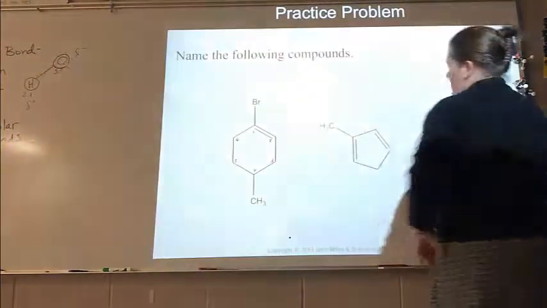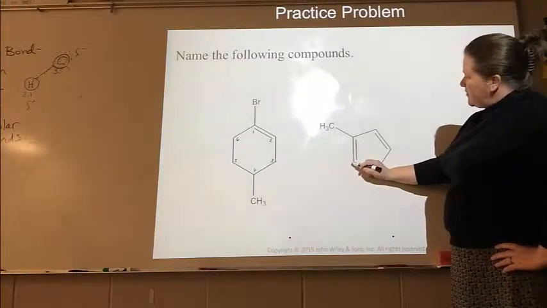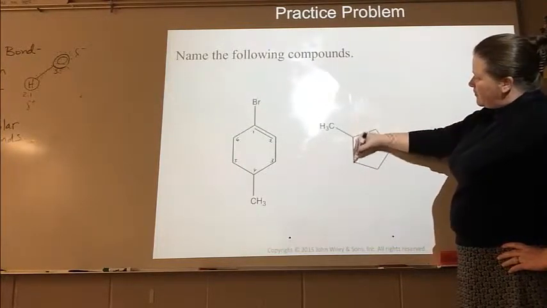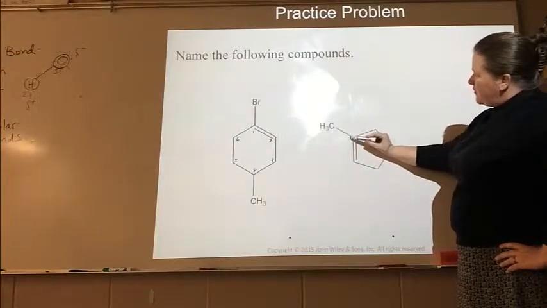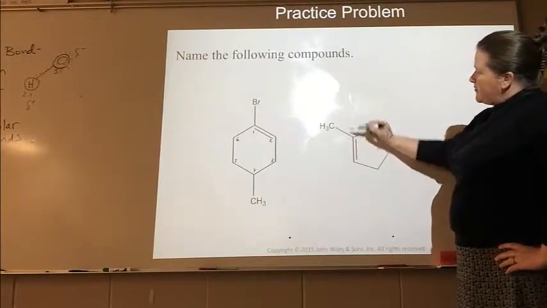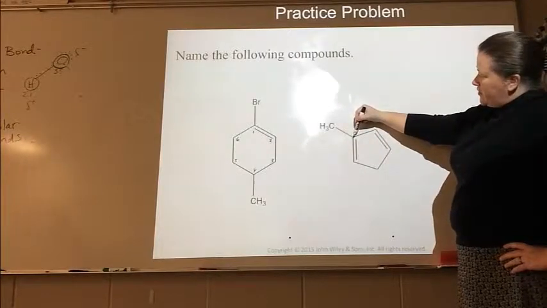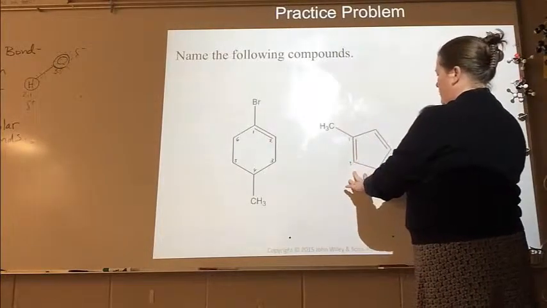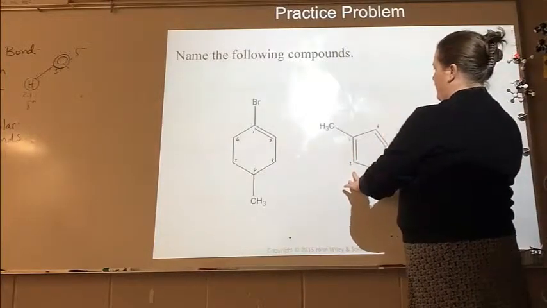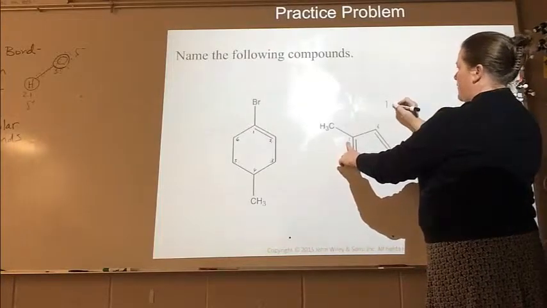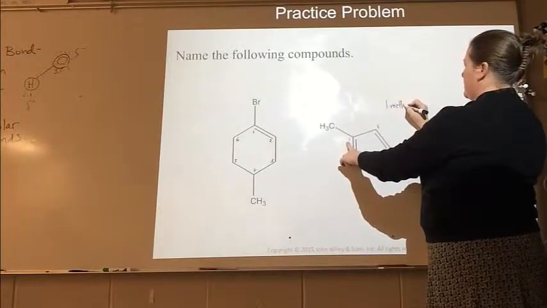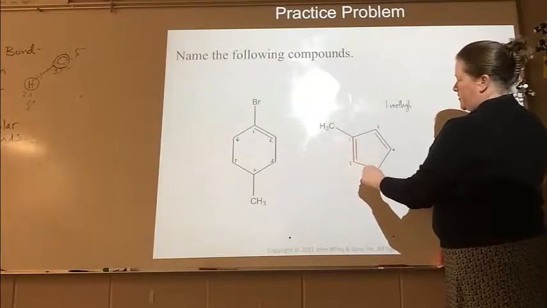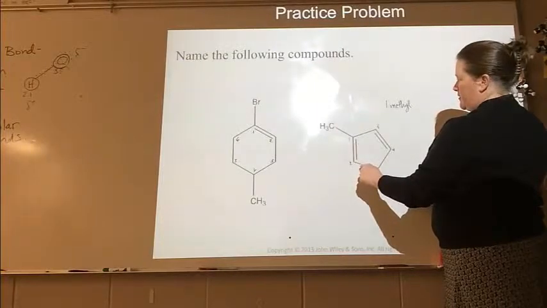In this one, we're going to have to start numbering either here 1, 2, 3, 4, 5, or the other way, and having this be number 1 is going to give us the lowest number. So we have 1, 2, 3, 4, 5. We have a 1 methyl. And our double bonds are on the first. Do the double bonds have to be lowest?